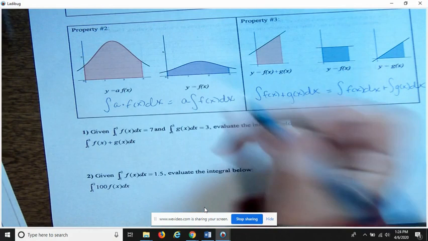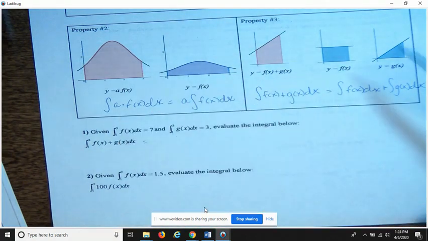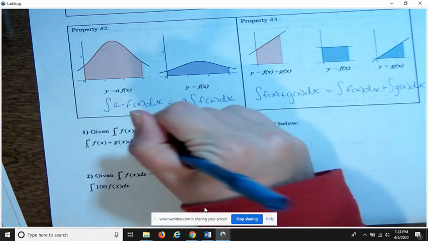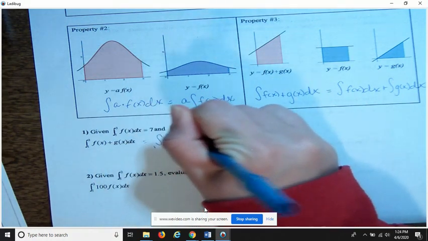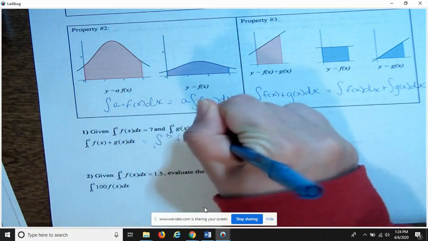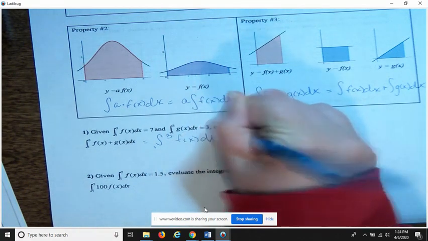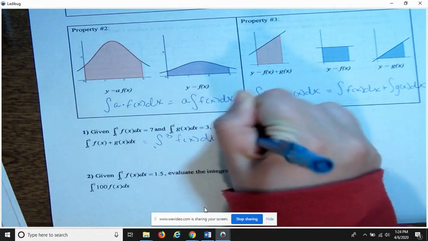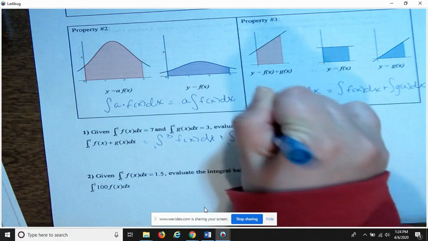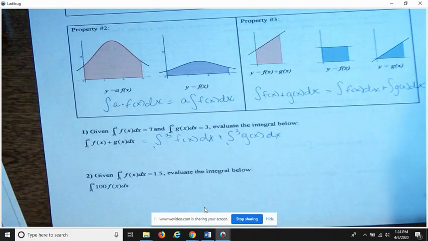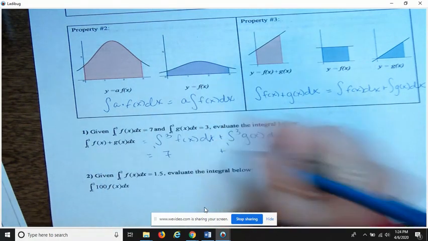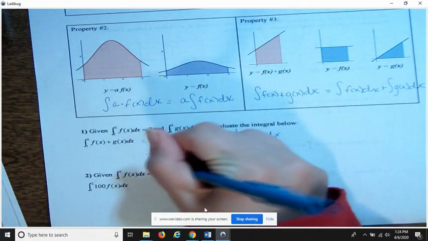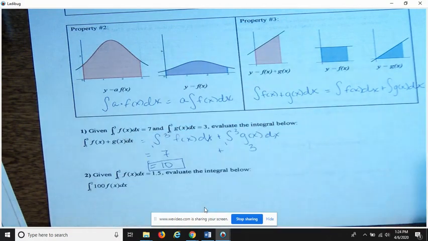We know from property 3 that we can just rewrite this as the sum of those two integrals from before. And we know what each of those are. We can replace them with 7 and 3. So we should get 10. We used the pieces that we knew and the property that we were given to get our final answer.